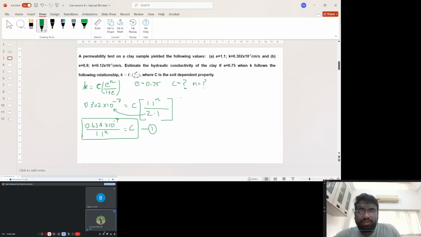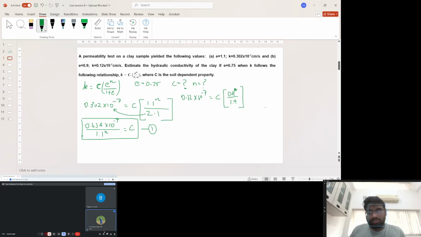The second equation will be 0.12 into 10 power minus 7 is equal to C into 0.9 power n by 1.9.